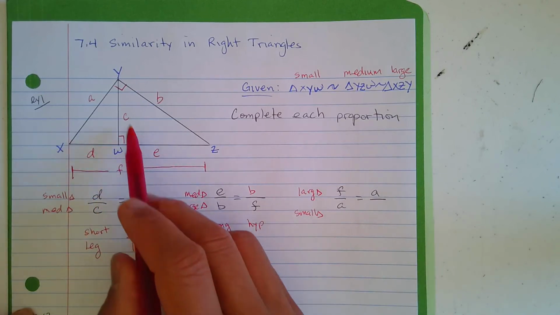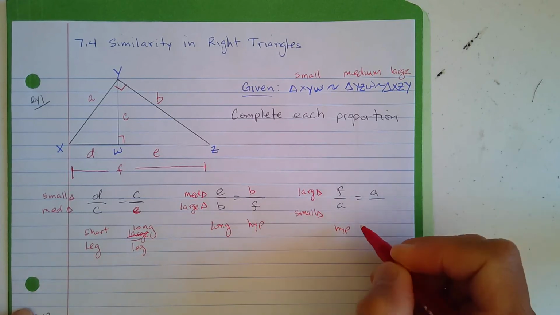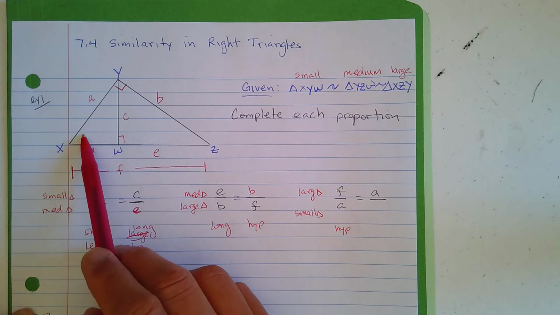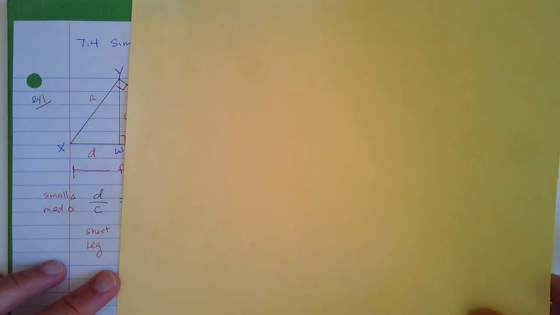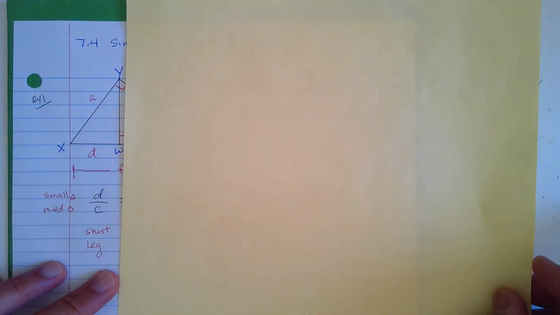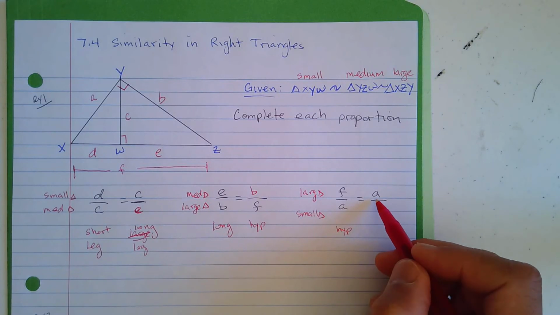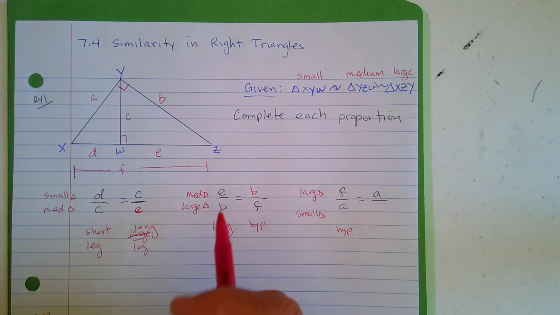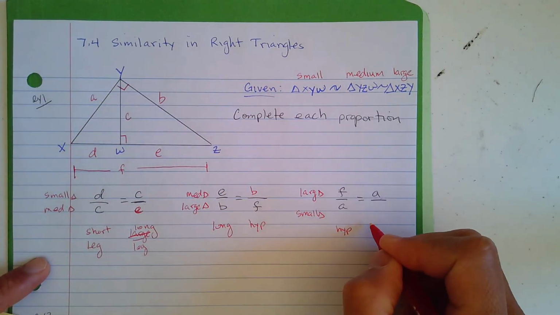So F is the hypotenuse, it's opposite 90. And A is also the hypotenuse of the small triangle. Look at A again from the large triangle. So large triangle, side A is the shorter leg.